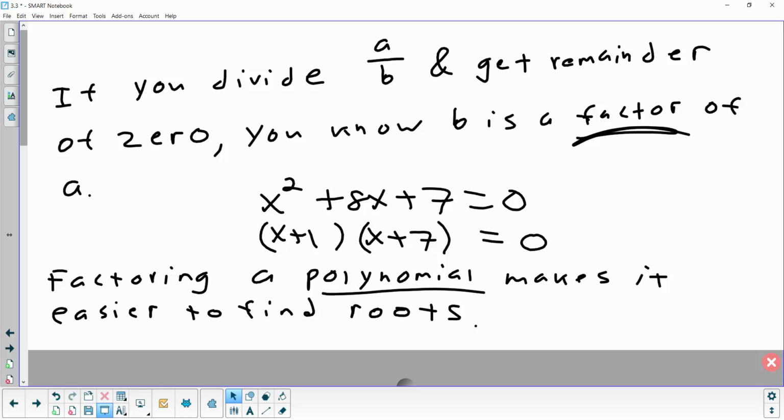It's much easier to determine the roots now that you've factored it. And we're going to get into factoring not just quadratics, but we'll factor cubics as well. In order for a cubic to be factorable, some special things have to happen, so we'll see what you have to look for when you're factoring a cubic.